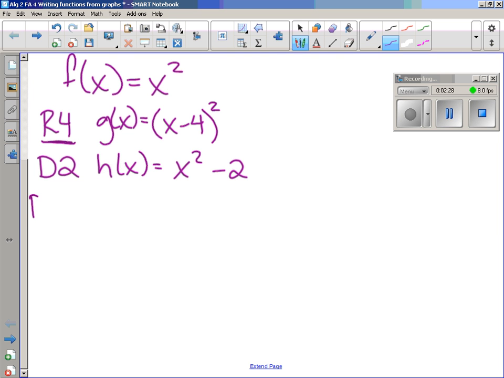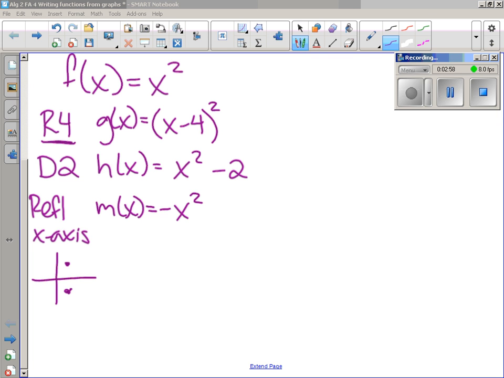Say I want to reflect across the x-axis. Let's call this m of x. If I want to reflect across the x-axis, that's a vertical transformation because I go from, say, here to here, so I put that out in front like this. Now let's talk about the more complicated horizontal transformations.